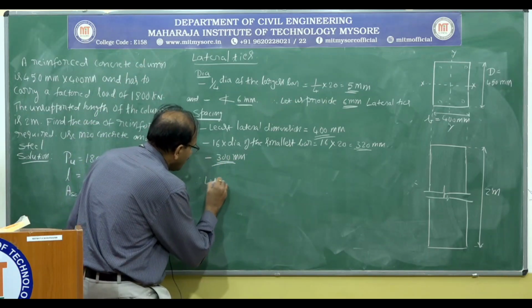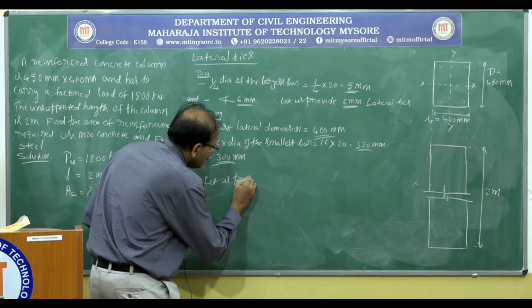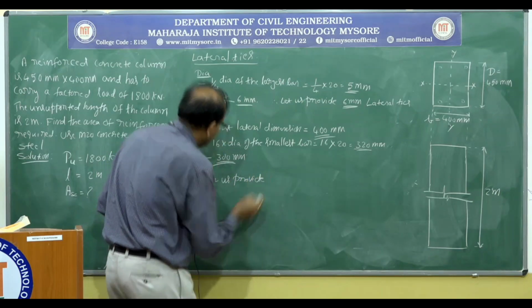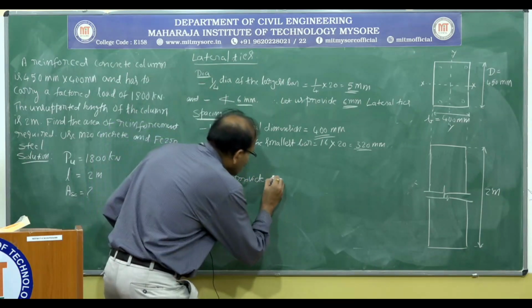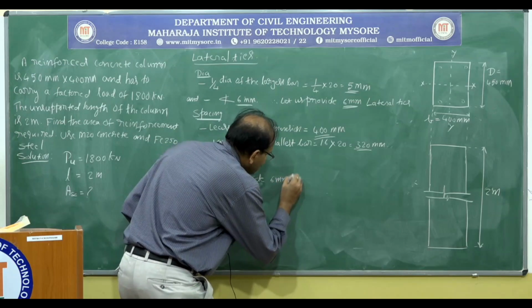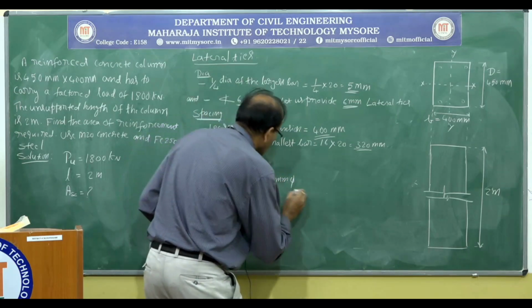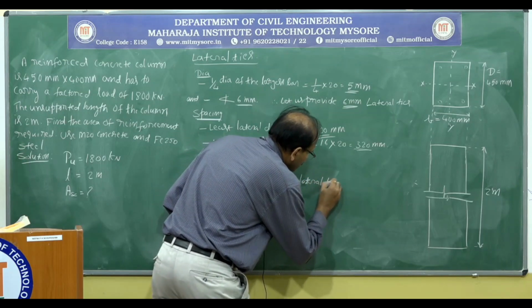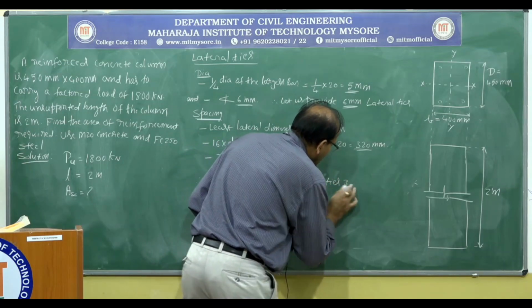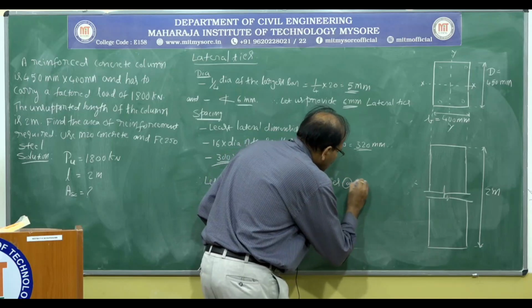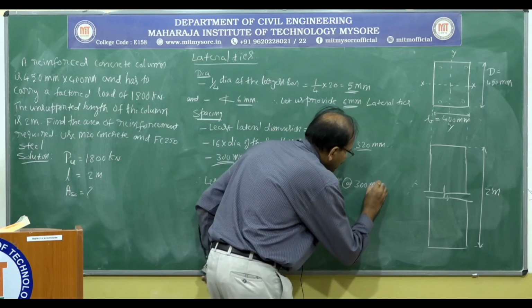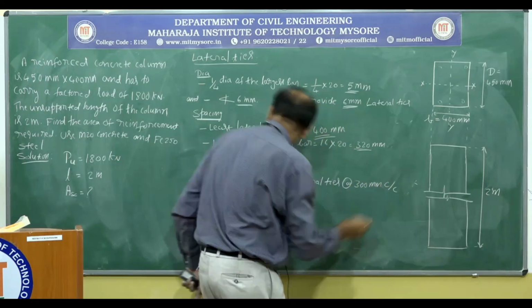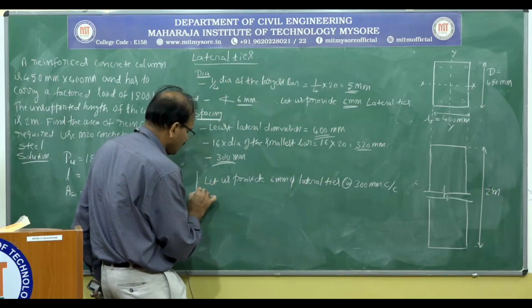Therefore, let us provide 6 mm dia lateral ties at 300 millimeter center to center.